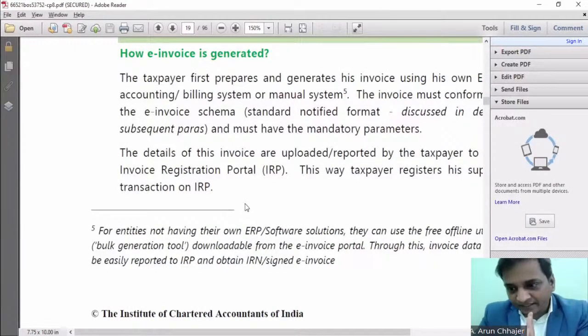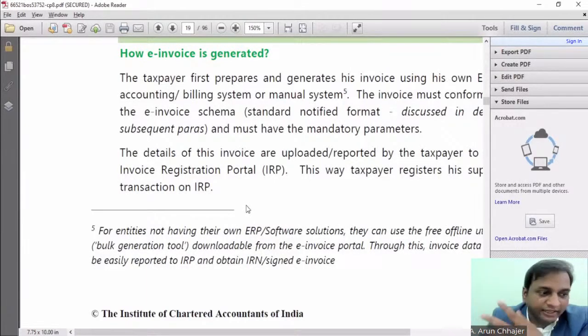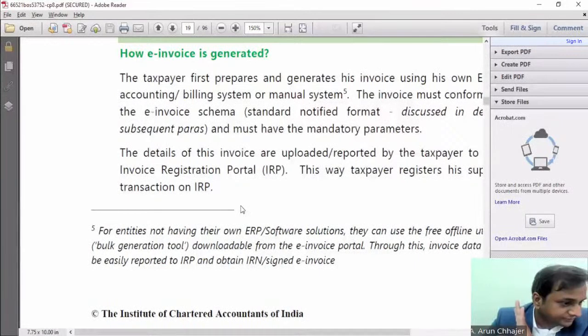If the recipient is registered, the invoice has to be made, whether needed or not, it doesn't matter. You have to prepare that invoice. Rupesh, is it clear? The answer would be C, not A, B or D.